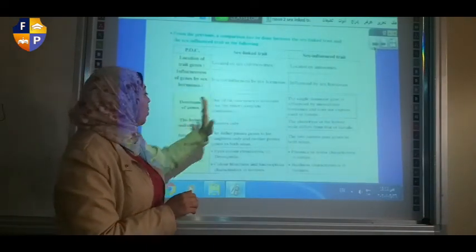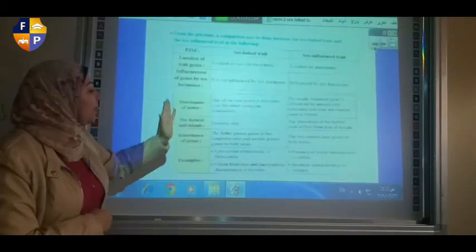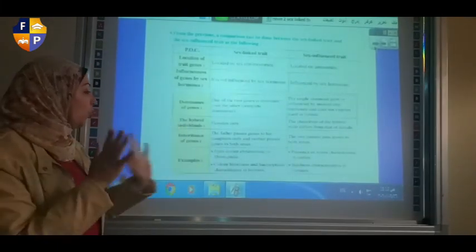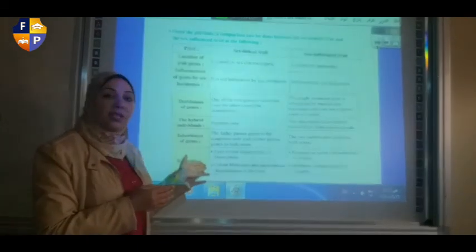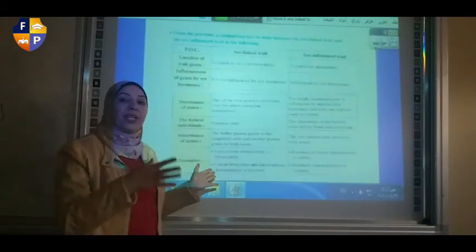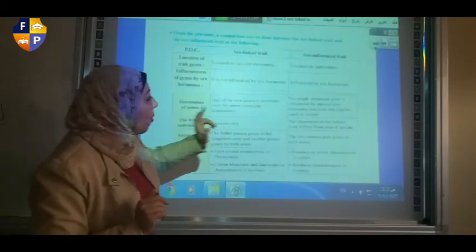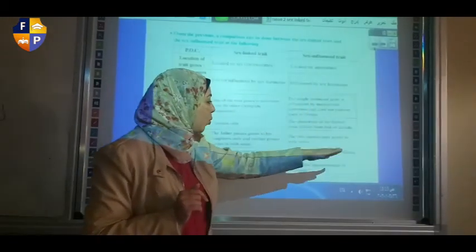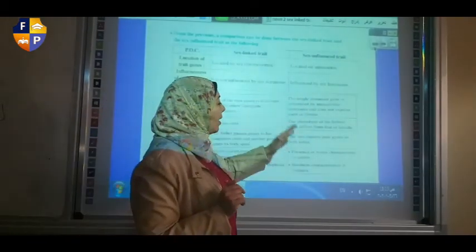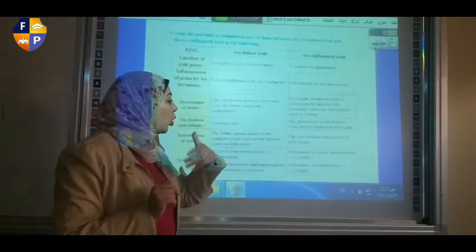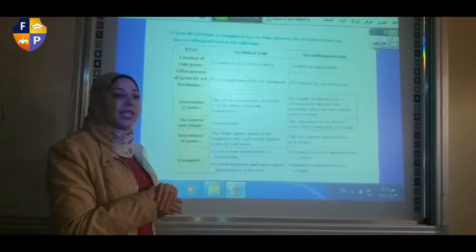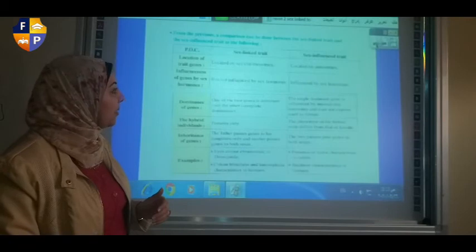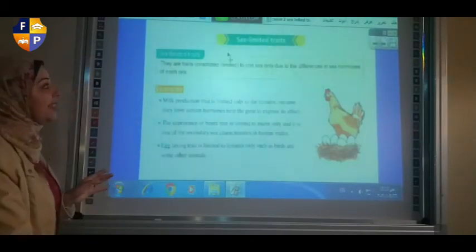In a sex-linked trait, when it is hybrid, it is carried on the female only, and the father passes the gene to his daughter, not to his son, like eye color in Drosophila or hemophilia or color blindness in humans. While a sex-influenced trait, which is located on autosomes and affected by hormones, passes from two parents, who pass their gene to both sexes, like the presence of horns in cattle or baldness in humans.